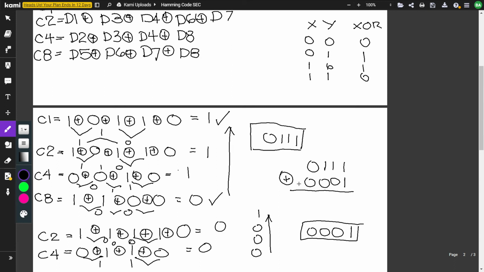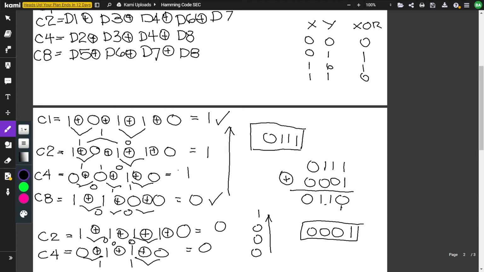Again, for XOR to have a value of 1, the values should be different. So we have 1 XOR 1 is 0, 1 XOR 0 is 1, 1 XOR 0 is 1, and 0 XOR 0 is 0. So we have 0, 1, 1, 0.